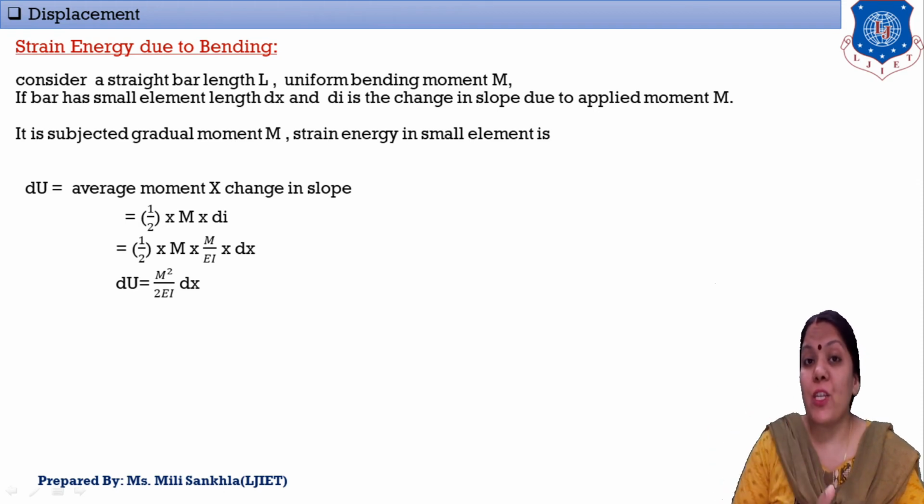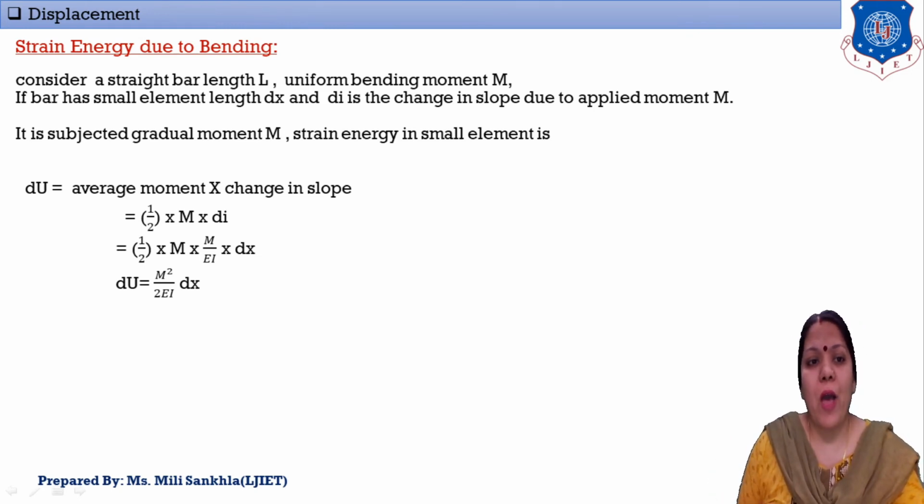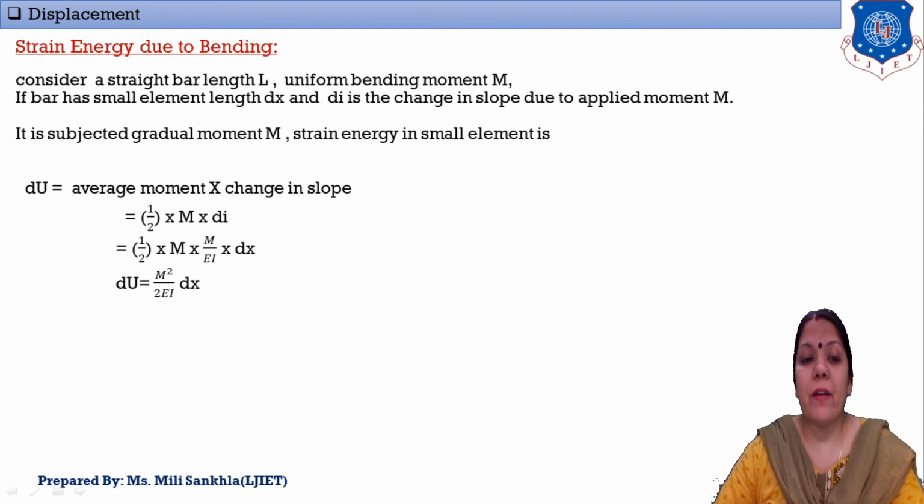In case of axial loading, we have to take average load, because of load, deflection occurs. Here because of moment, slope occurs. So average moment into change in slope. Average moment means again we have to take 1/2 into M, and dθ is our change in slope. Here I write dθ is equal to M by EI into dx.